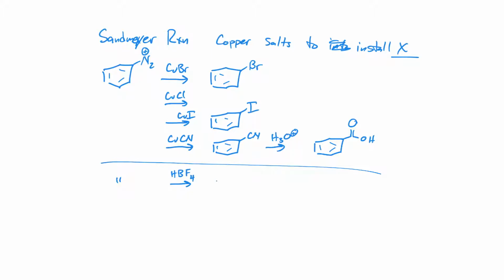HBF4 basically installs fluoride in place of the N2. We could also install an OH group using water and heat. And I think this is a key reaction because it's one of the few ways we know of to install OH.